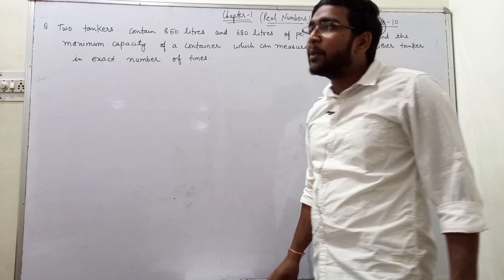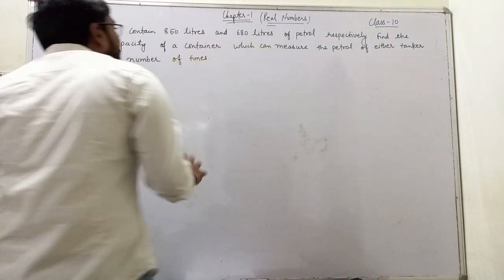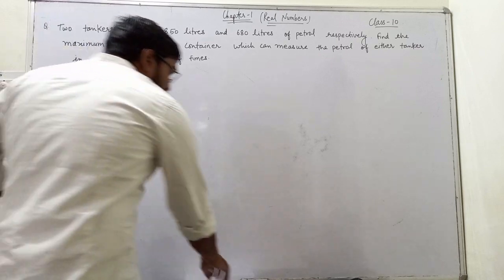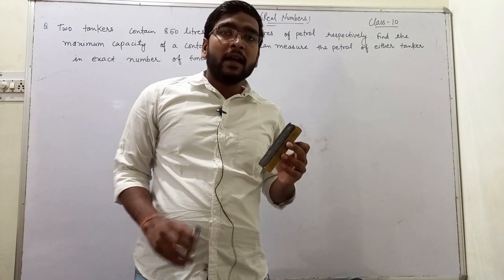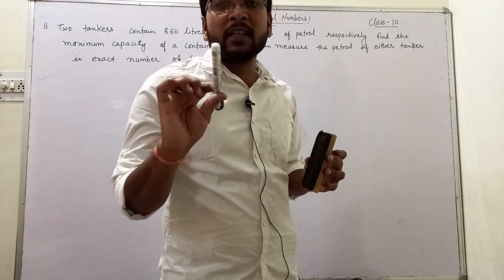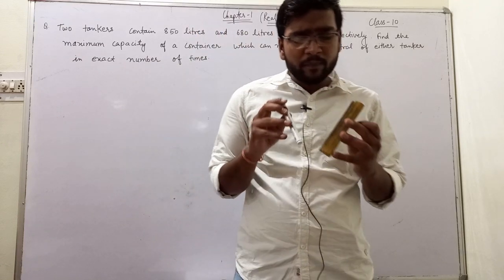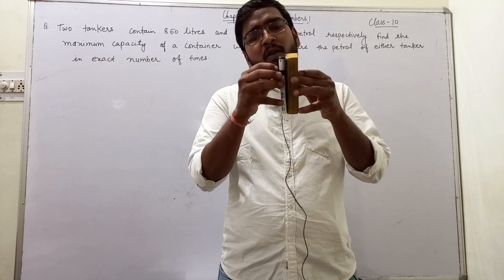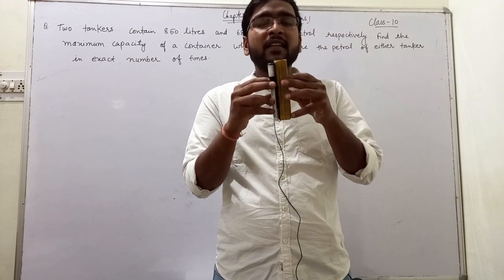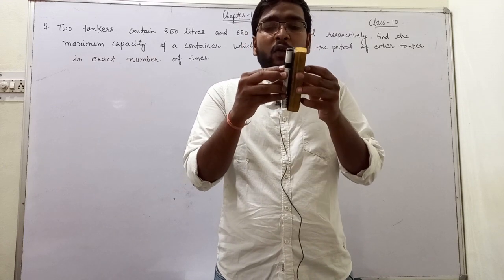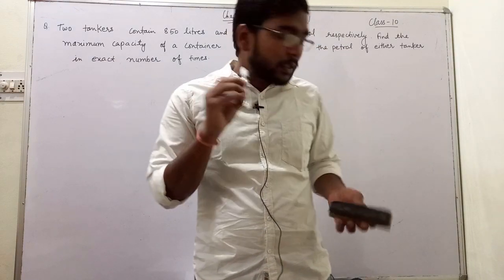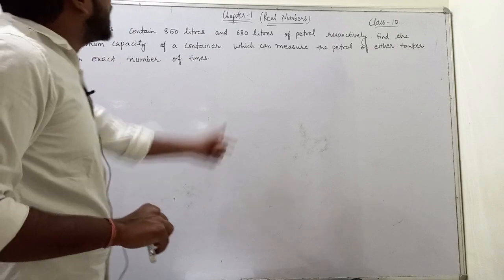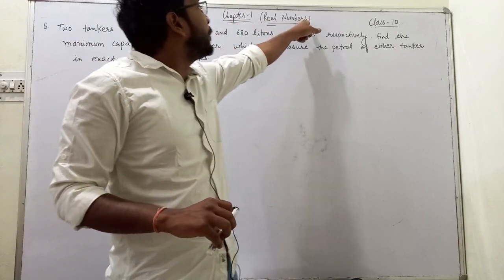Now, for example, let us assume that I need to measure the size of this duster, and I use a quantity just like this marker. If I measure this duster by this marker, I can say that it is equal to 1 marker. Now suppose I need to measure the statement that I have written here, Chapter 1, Real Numbers.